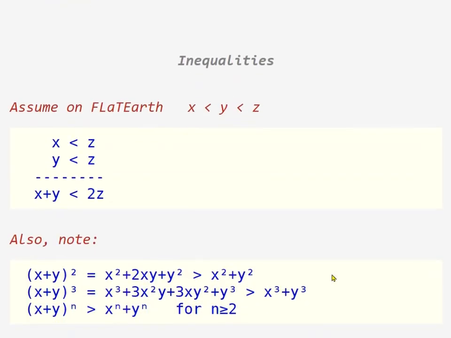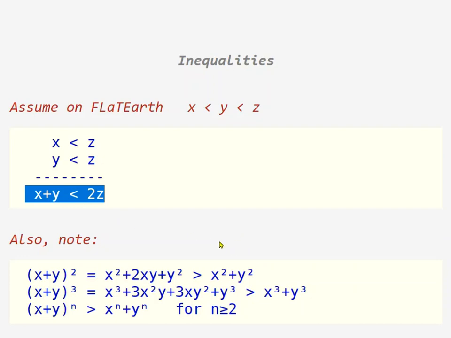Let's look at some inequalities. We know on flat Earth that z is biggest, so let's say x is less than y less than z. x is less than z and y is less than z, you add them together, x plus y must be less than 2z.